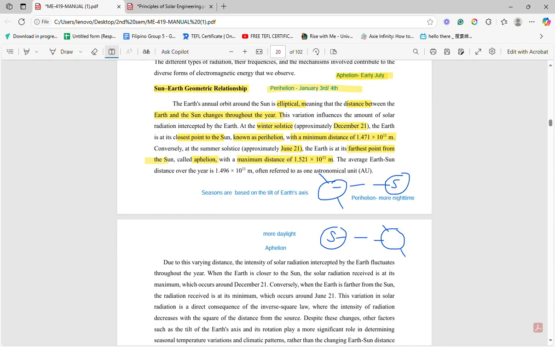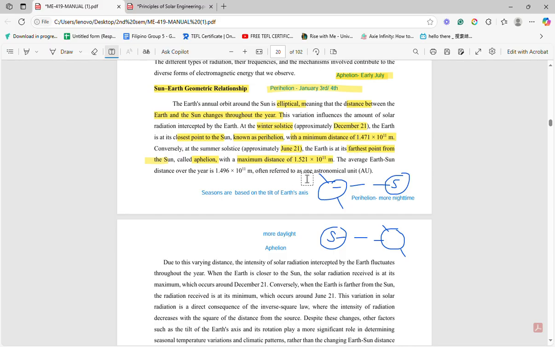Although during perihelion the Earth can receive 7% more solar energy, that value is quite smaller if we consider the tilt angle, because again there is more exposure of the sun during aphelion, or during summer solstice.